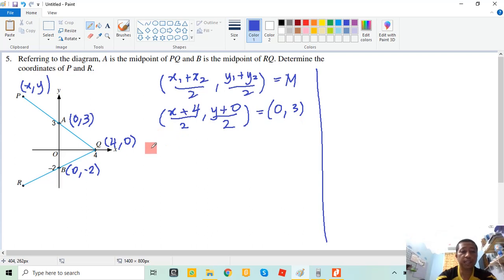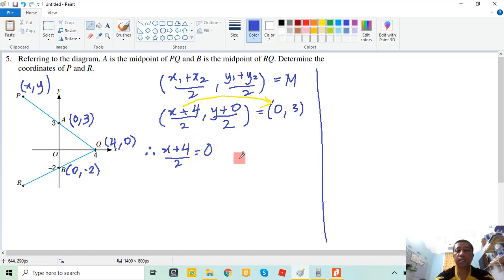Then we can do like this. By comparison, x plus 4 divided by 2 is actually equal to 0. So we write here x plus 4 divided by 2 equal to 0.